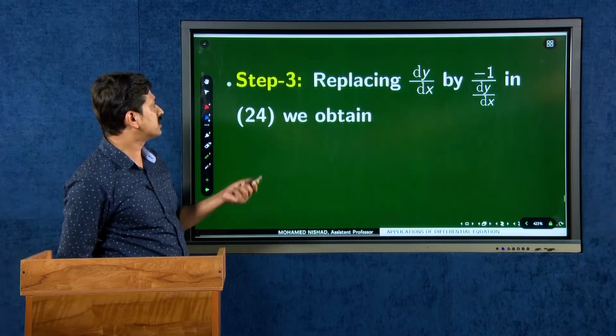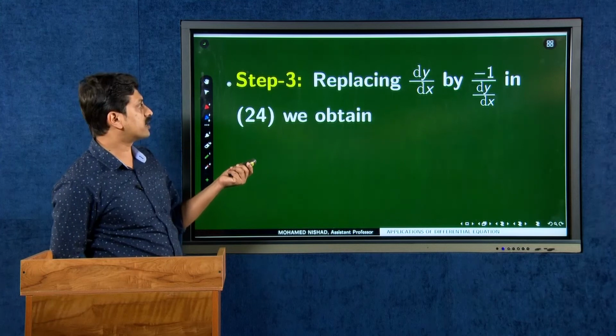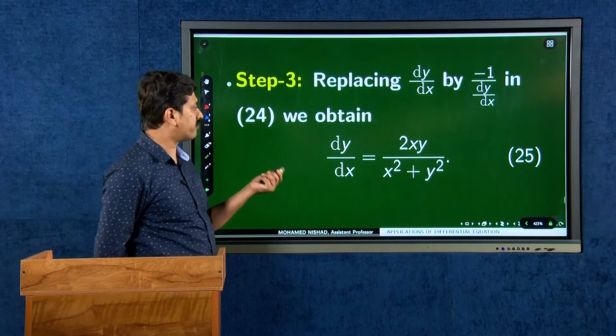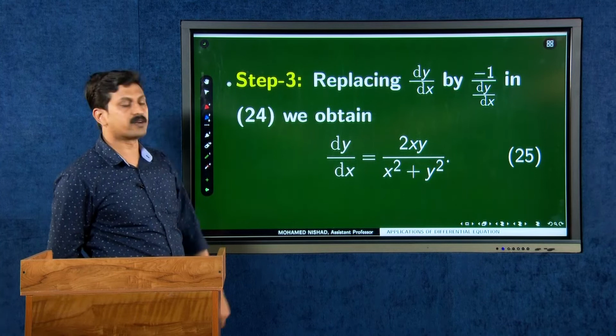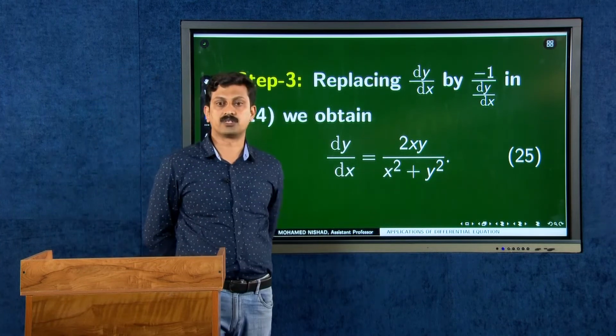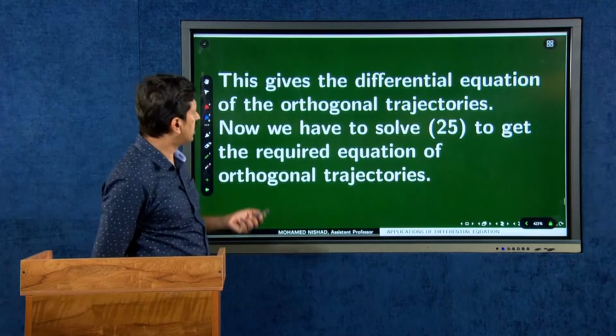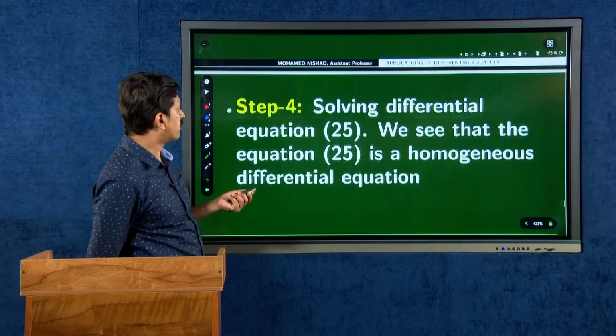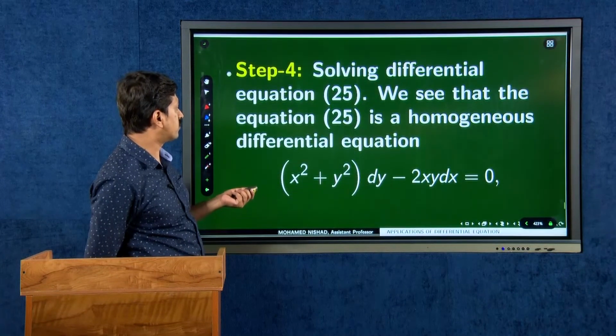Now you may replace dy by dx with minus 1 by dy by dx. Okay, fine. Now you got a new differential equation, that is the equation number 25. In this equation number 25, you can find the orthogonal trajectories by solving that one.